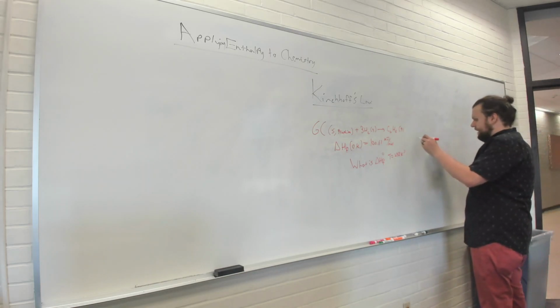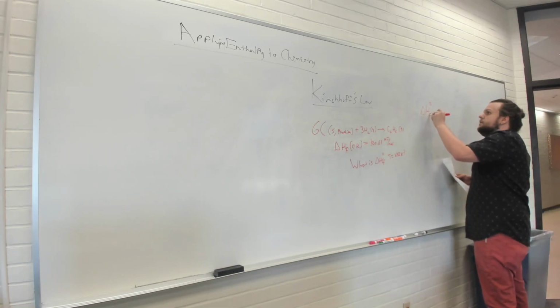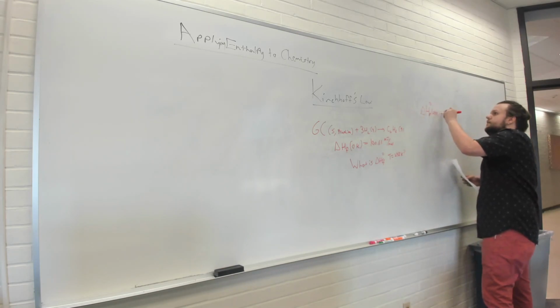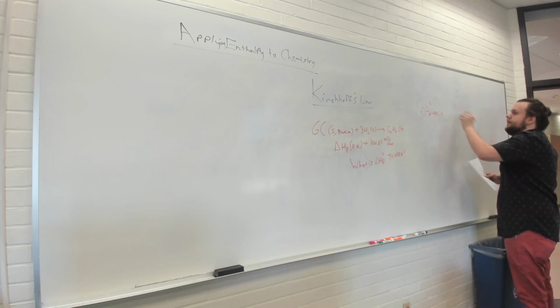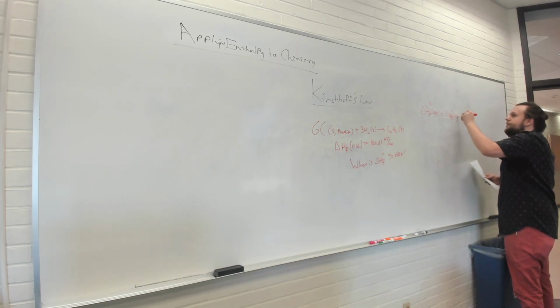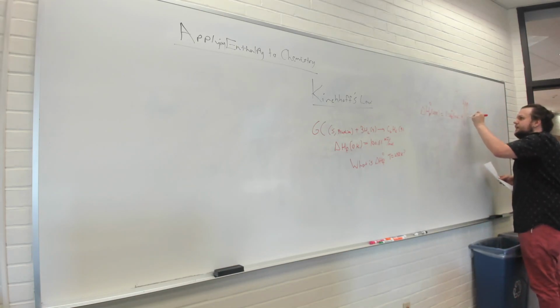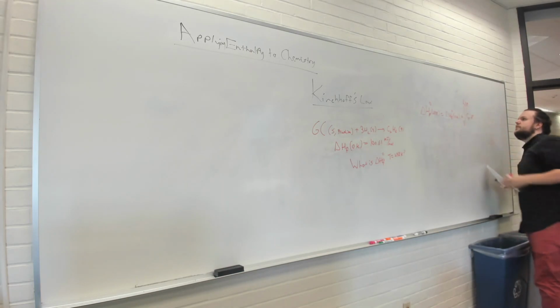Kirchhoff's law says that the enthalpy of formation at 298 is equal to the enthalpy of formation at 0 Kelvin plus the integral from 0 to 298 of the heat capacity of benzene times dT.